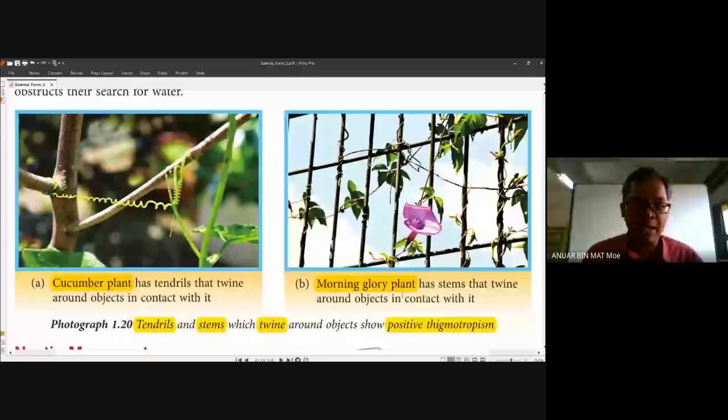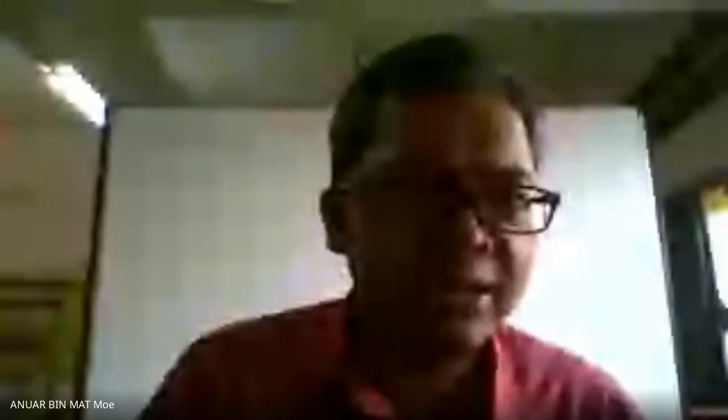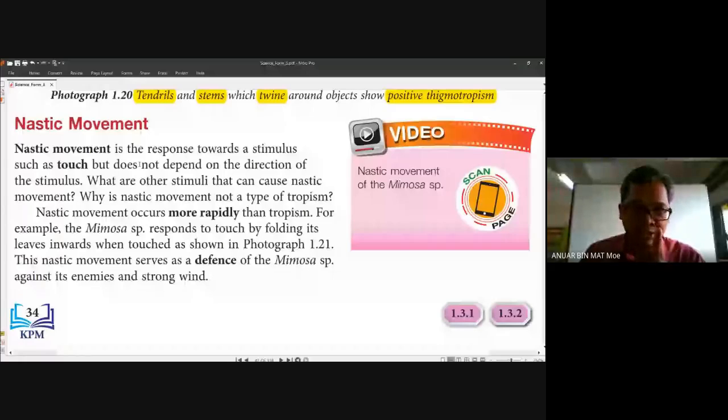And then the last one here is what we call nastic movement. It responds to a stimulus such as touch. Nastic movement is also touch but does not depend on the direction of the stimulus. For example, very easy, the mimosa plant.